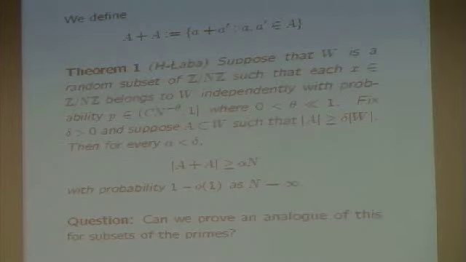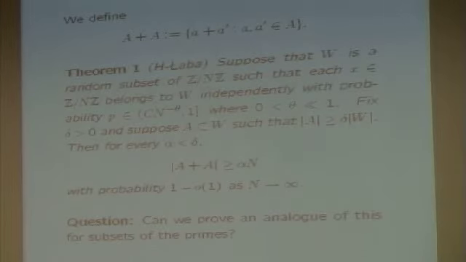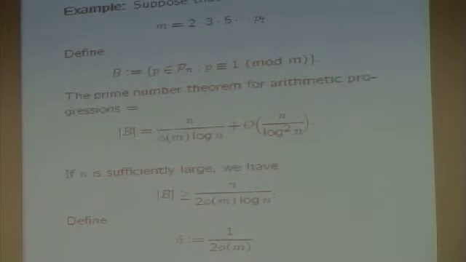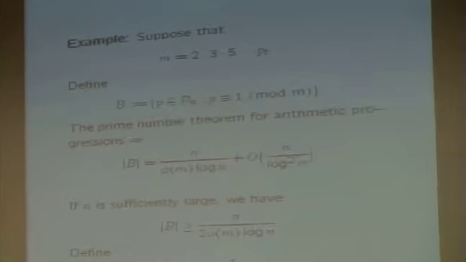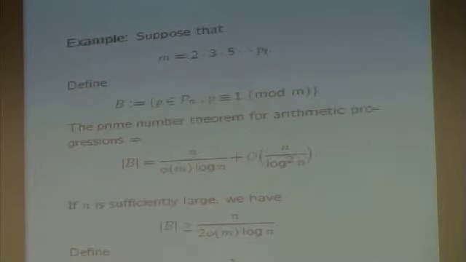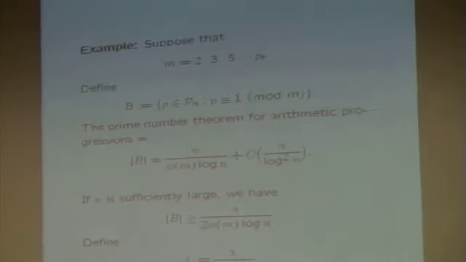Okay, so then the question is, can we prove an analog of this for subsets of the primes? I'm going to start with an example which will show that we can't do quite as well as what we saw in the random case. We take M to be the product of small primes, and then we define the set B to be the set of primes in P_N, where P_N here is just the primes less than or equal to N, so that p is congruent to 1 modulo M. Then the prime number theorem for arithmetic progressions tells us that the size of B is going to be 1 over phi of M times N over log N plus an error term.